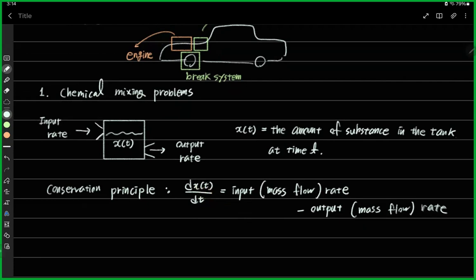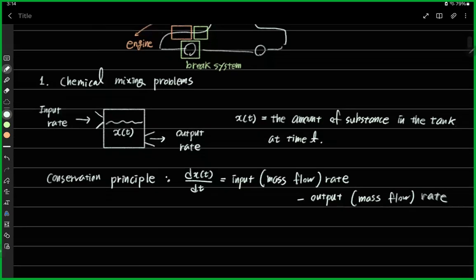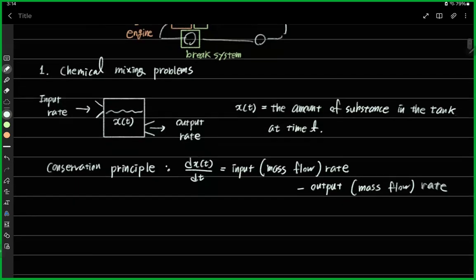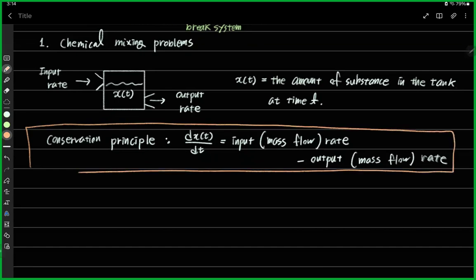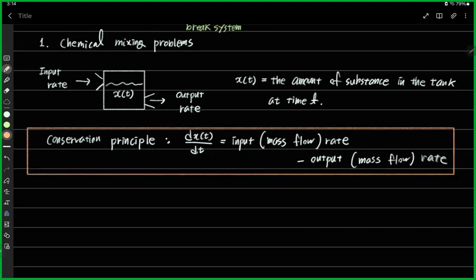That's the meaning of the conservation principle at the moment. So there should be a uniform difference between the two rates at the moment. We're gonna use the conservation principle to build up the differential equation to figure out x of t.